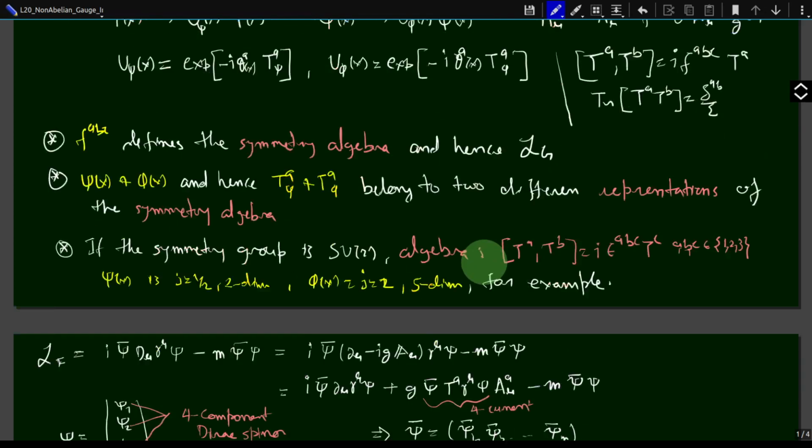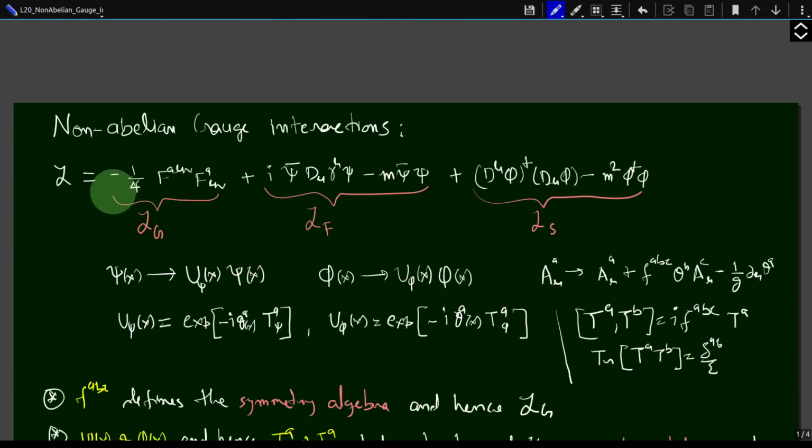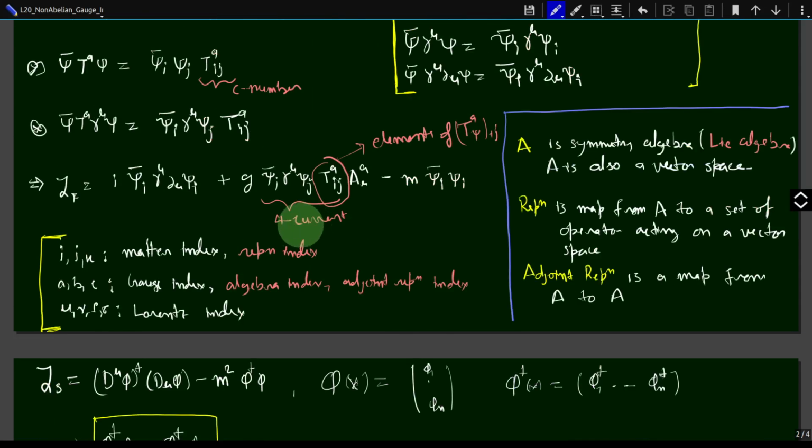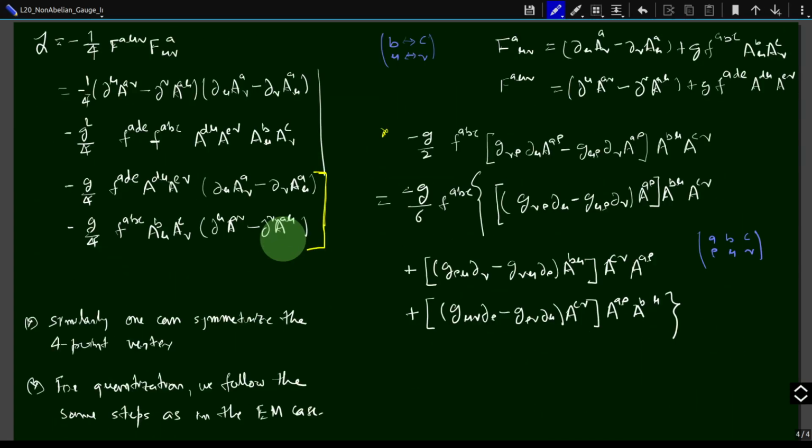So this particular innocent-looking non-Abelian gauge Lagrangian is actually a sum of many terms, all gauge invariant, and what it doesn't have is a gauge fixing term. I don't want to do the quantization of this non-Abelian guy in the Gupta-Bleuler method.